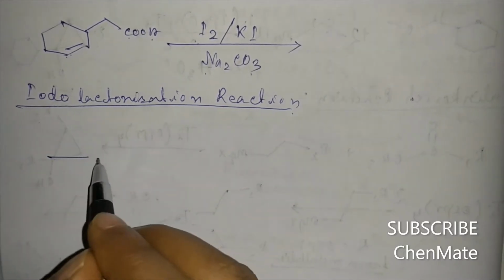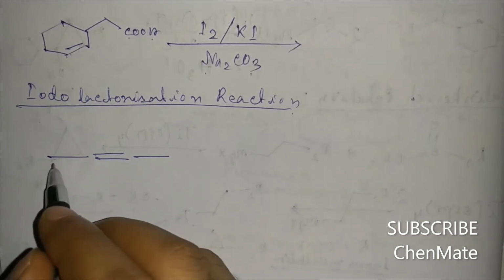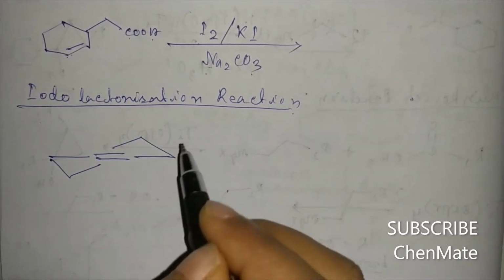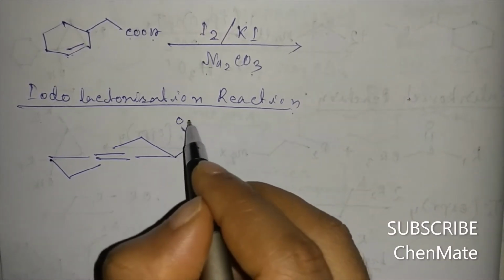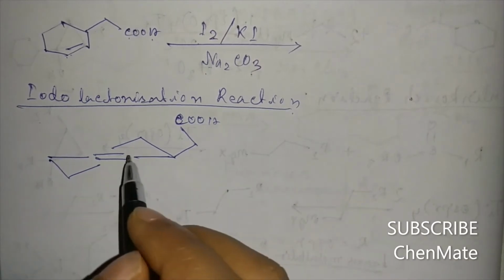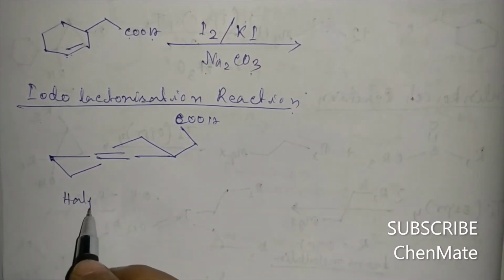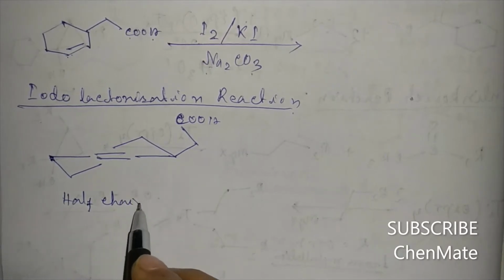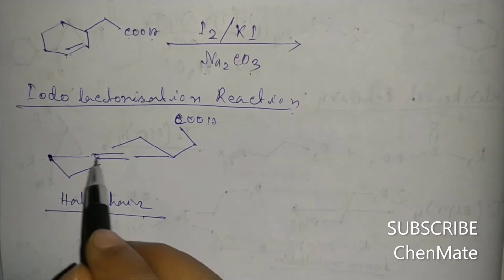So it will have conformation like this. Let's say the COOH group is above this plane. Here this is the half chair conformation. Here 1, 2, 3, 4.